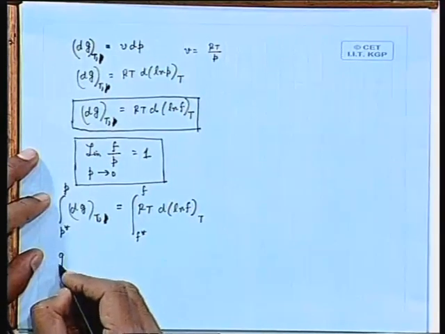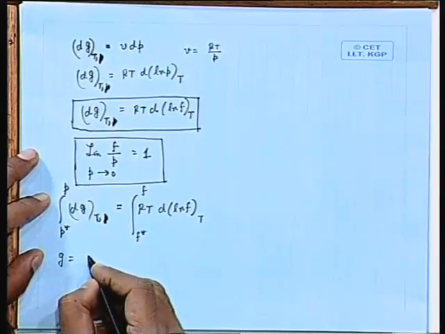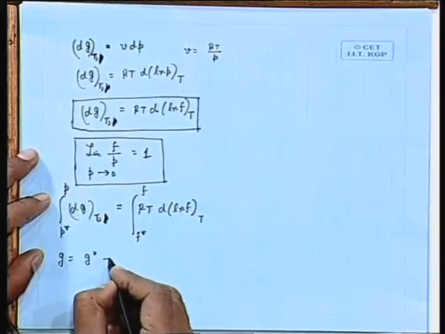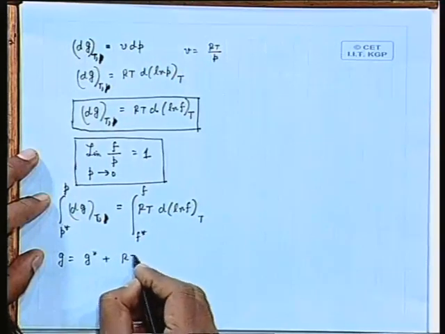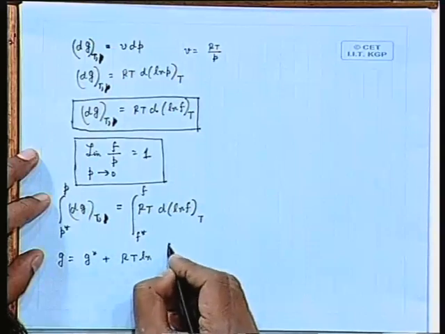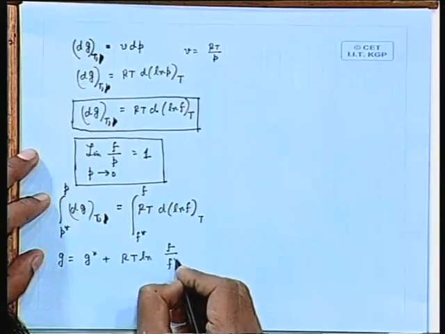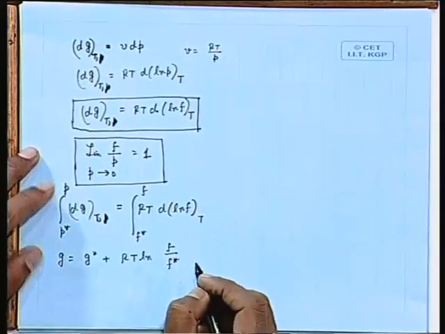Then we can write g is equal to g star plus RT ln f by f star. This is one very important relationship.